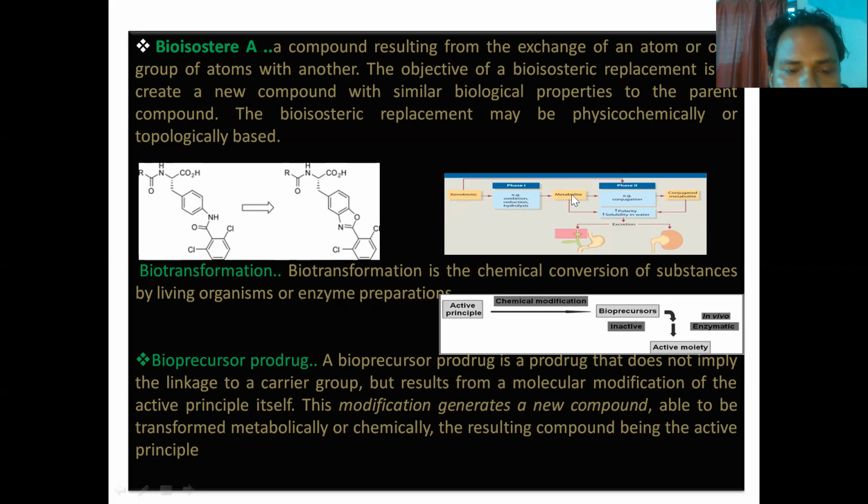How is the active metabolite formed? There are lots of chemical reactions that occur in the biological environment, like oxidation, reduction, hydrolysis, and others. By this strategy, these xenobiotics will break down into metabolites.